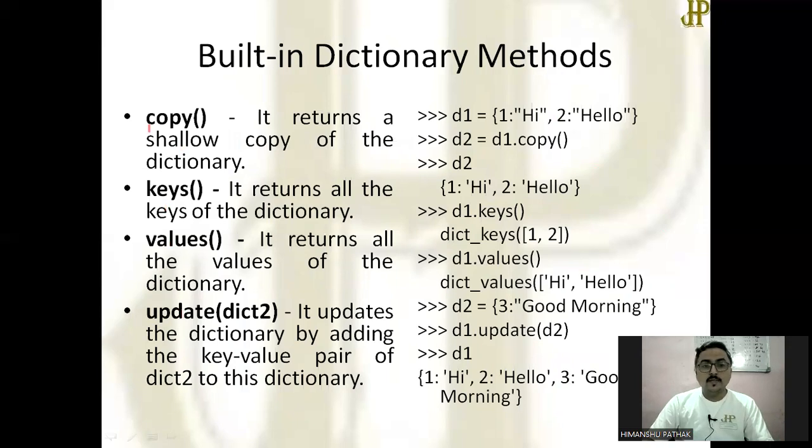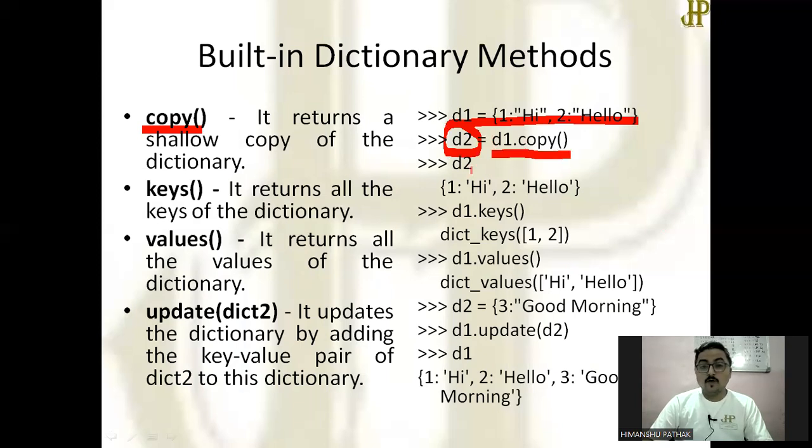So, as the name suggests, copy will create a duplicate dictionary. So, here D1 is created. Now, I am going to copy the whole dictionary in D2. So, what is to be done? D1 dot copy.